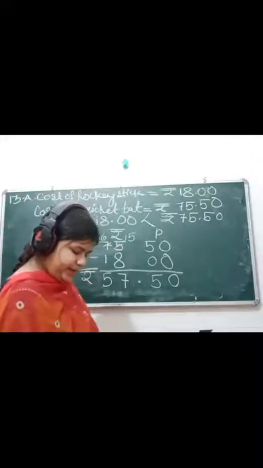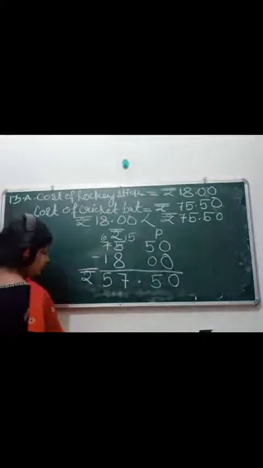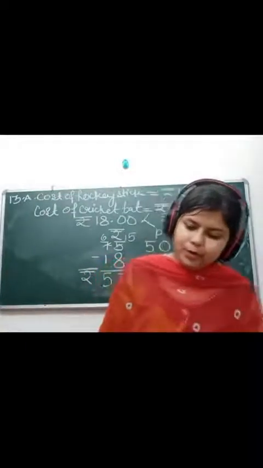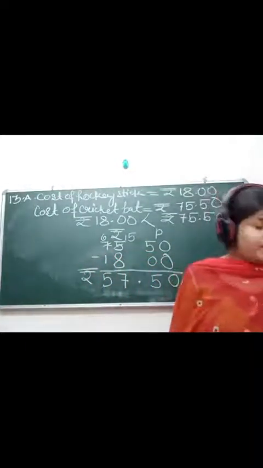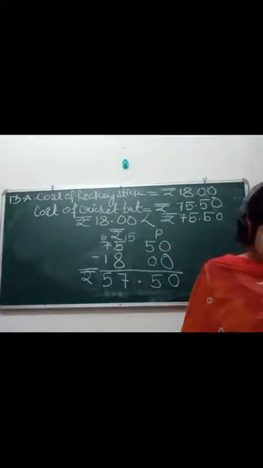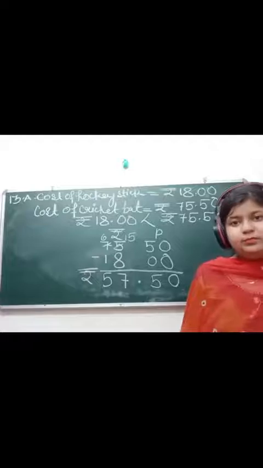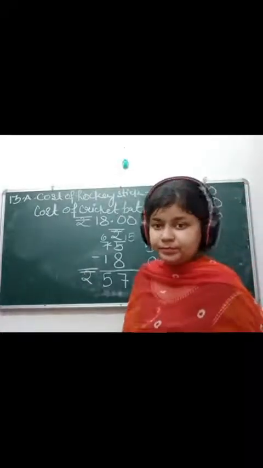Let us move ahead. Read the next part. In the next part, we have to compare between a book and a hockey stick. Find out. Do it, then I will correct it for you. Come on.